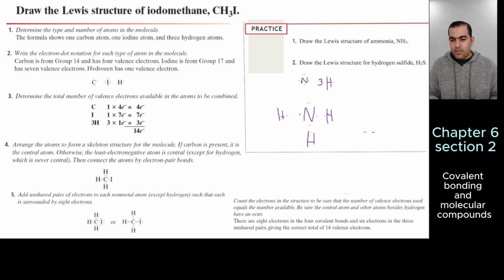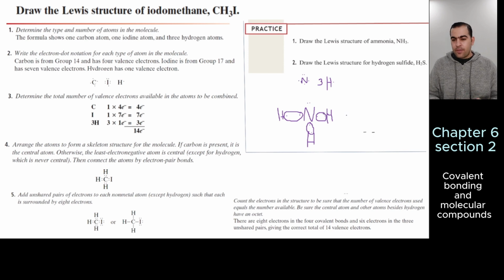Now these unpaired electrons can make a bond, and nitrogen can make a bond with hydrogen. This unpaired electron and this one can make a bond, and these 2 unpaired electrons can make a bond to be a pair. These 2 also make a bond.